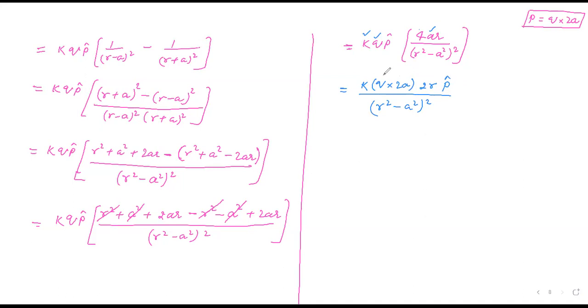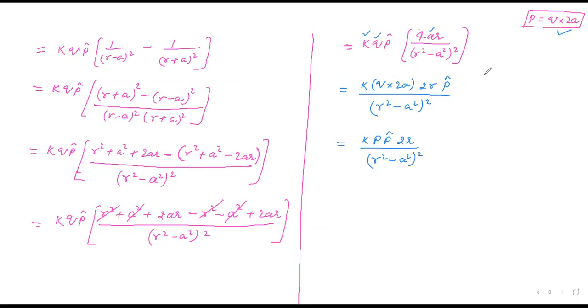This point is clear or not? Yes, sir. Okay. Then we get Q into 2A, and Q into 2A is P. So K P into unit vector of P into 2R over (R square minus A square) whole square.